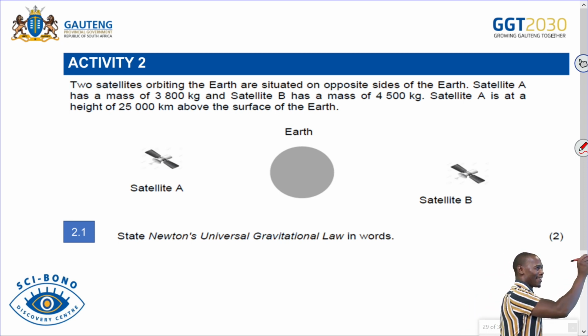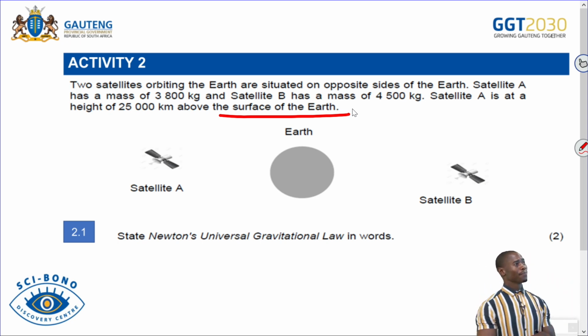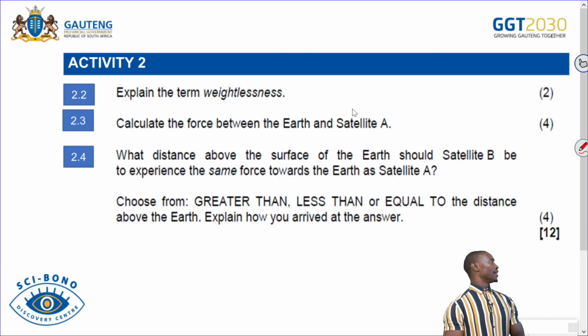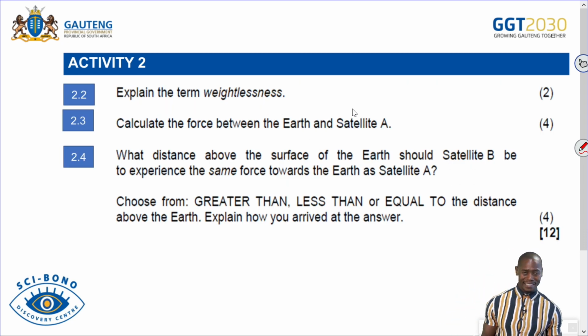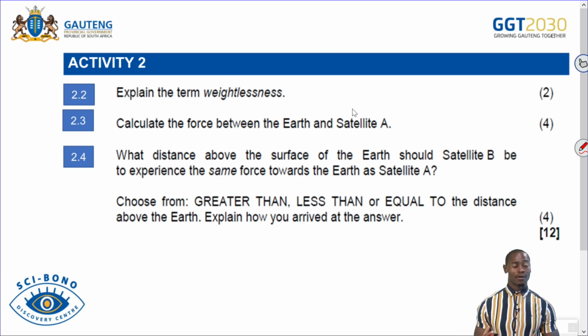The first question is to state Newton's law of universal gravitation, which I believe all of us should know by now. Then explain the term weightlessness. It is just the sensation experienced when all the contact or external forces are removed.